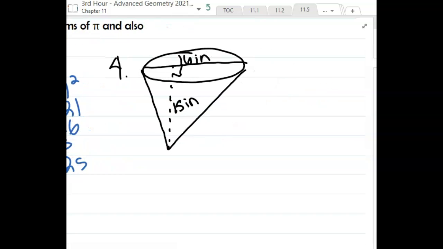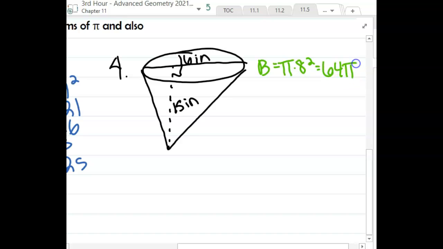Now remember, even though it's oblique, you use the same formula. You want to start by finding the area of the base, which is still a circle. So we would do pi r squared. What's my radius? 8, which gives me 64 pi. So then find the volume.